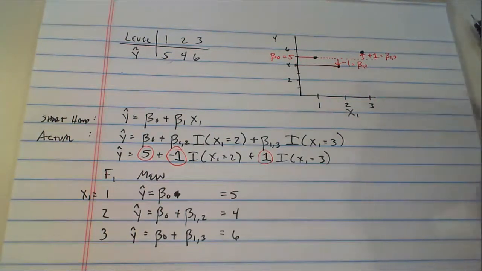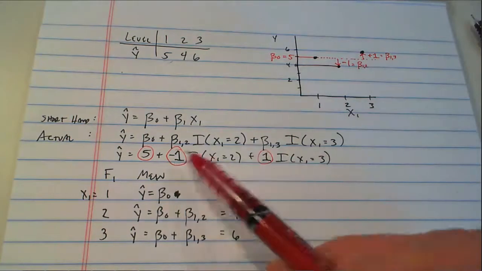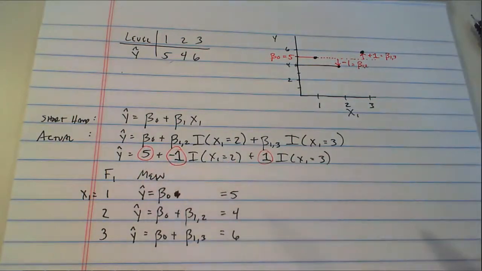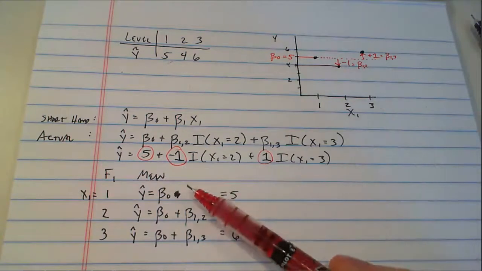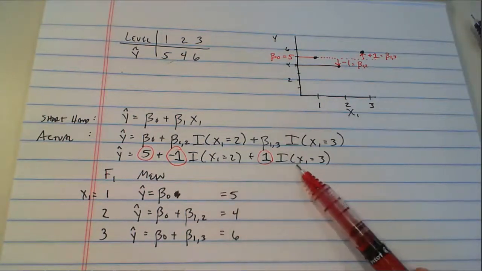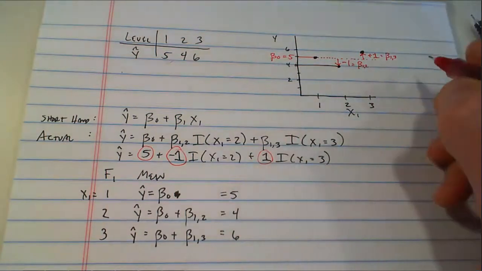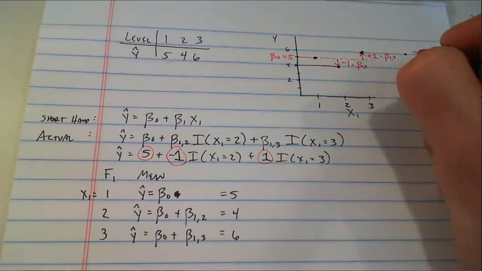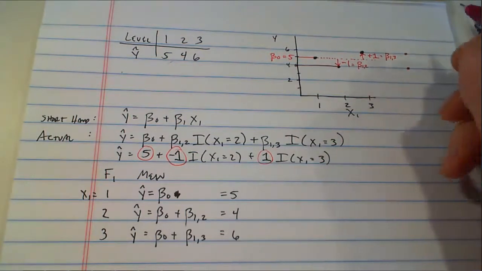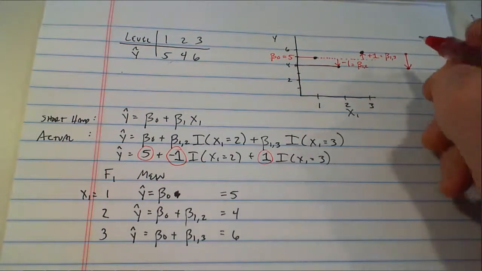Notice that all of the coefficients are relative to the baseline. But we can ask other questions. For example, what's the difference between group 2 and group 3? Well, we can do that by looking at that difference.